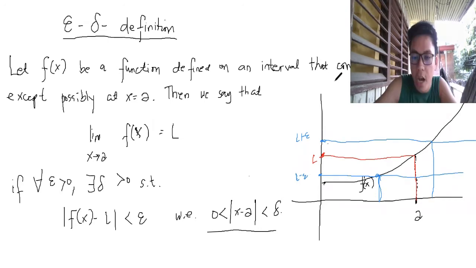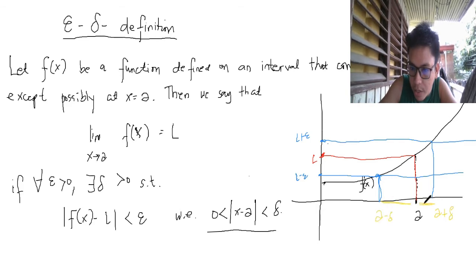Since we have created the horizontal lines corresponding to L plus epsilon and L minus epsilon, it says that somewhere along your a, you can find a delta greater than 0. In that way, you can also create corresponding vertical lines for a plus delta and a minus delta, assuming the distance here is equal.